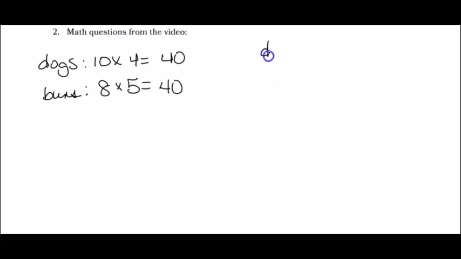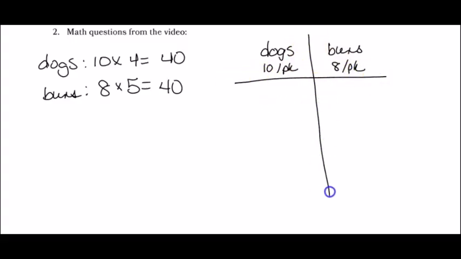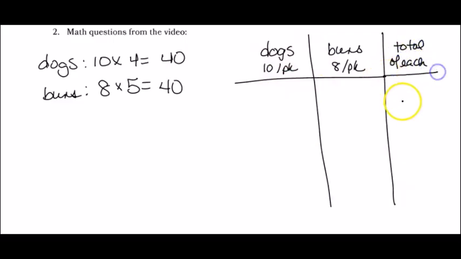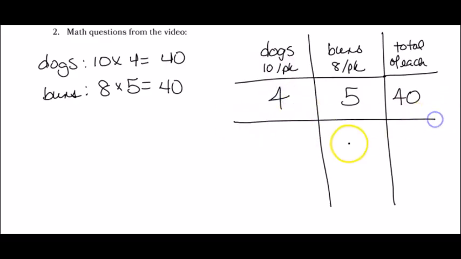So maybe we can make a chart. Dogs, buns, there's 10 per pack, there's 8 per pack. And then total of each. If she buys 5 packs of buns, and 4 packs of dogs, she'll get 40 hot dogs and buns.